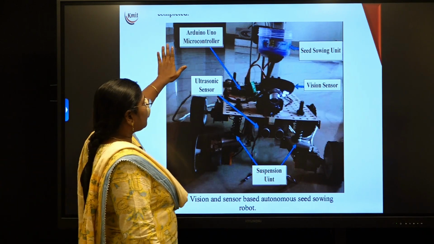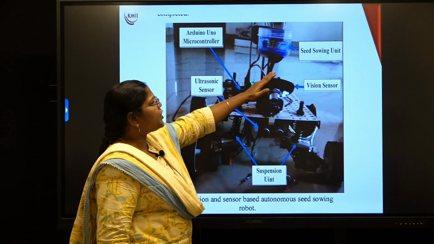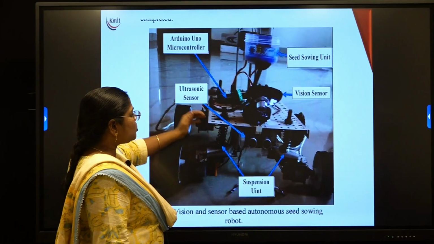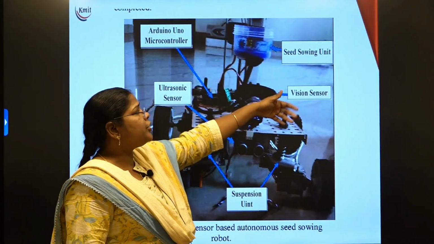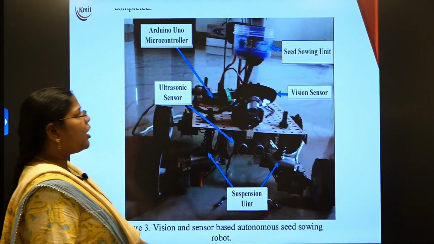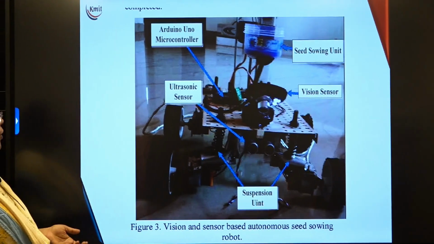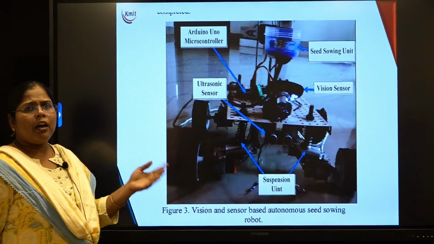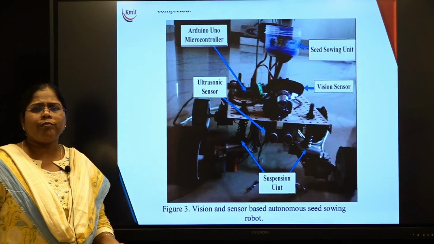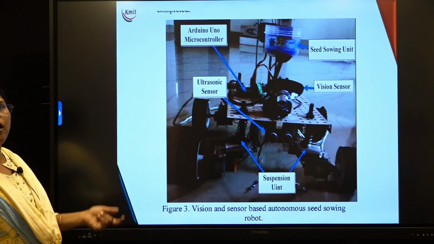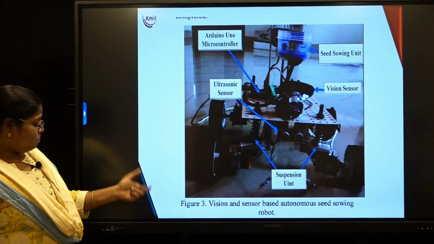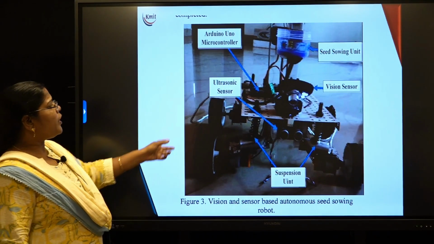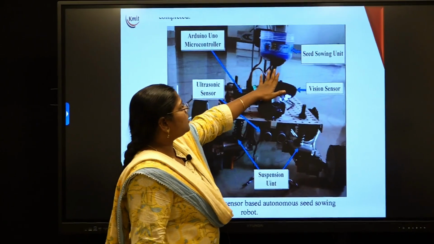The microcontroller takes all the inputs from the suspension unit, ultrasonic sensor, vision sensor, and the seed sowing unit, and starts predicting the depth and the optimal point where we need to plant the seed.